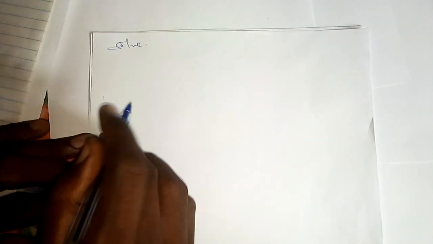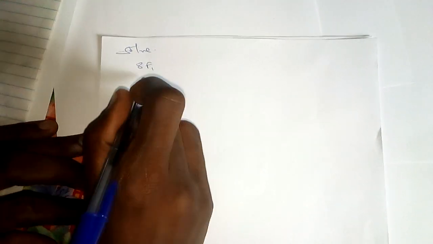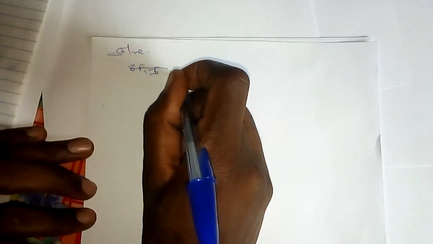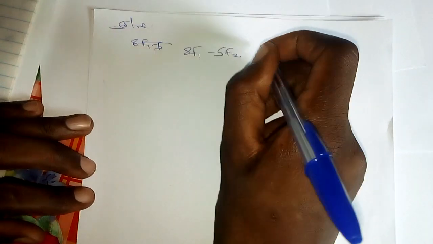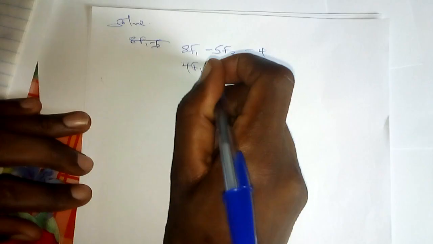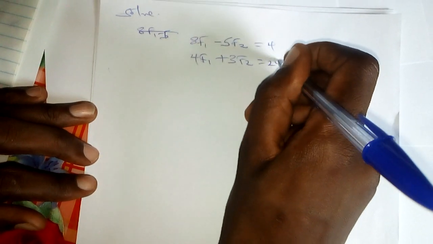Like you solve the equation 8f1 minus 5f2 is equals to 4, 4f1 plus 3f2 is equals to 24.